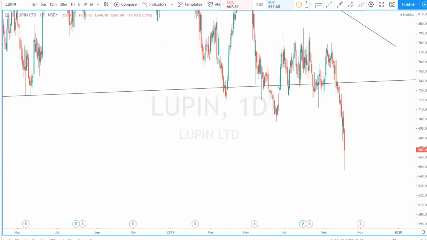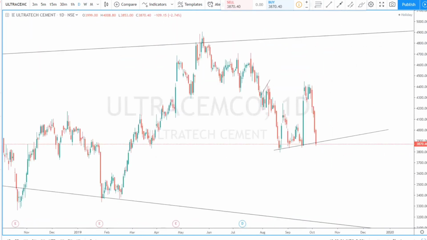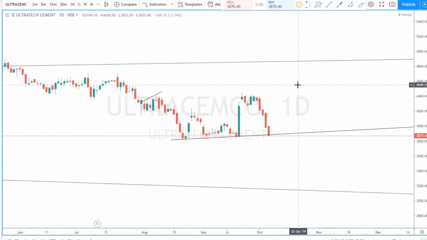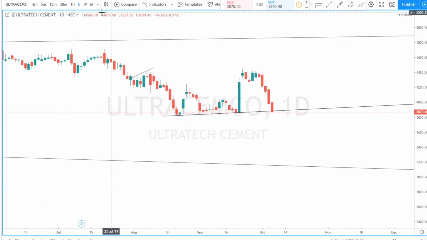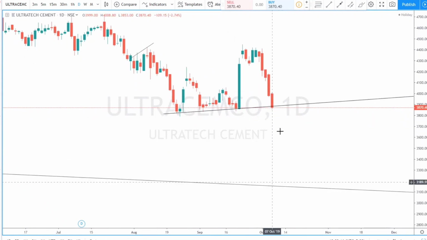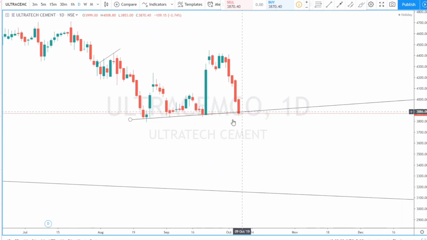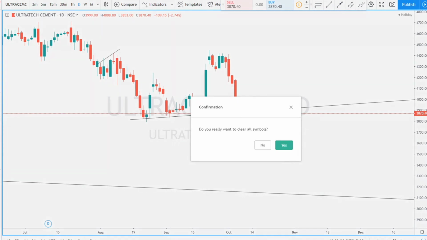I will just put this on the watch list. This is a bearish outlook, right? So I will put this in red. And if I just go here and press the red list, I will be able to see this. And the same goes for the bullish. If I think that Hind Petro is bullish, although it is not, I'll just put this in green color and I will be able to see this.